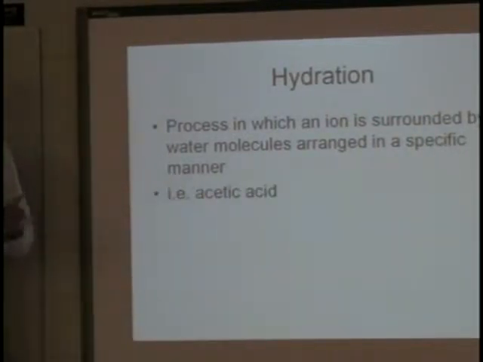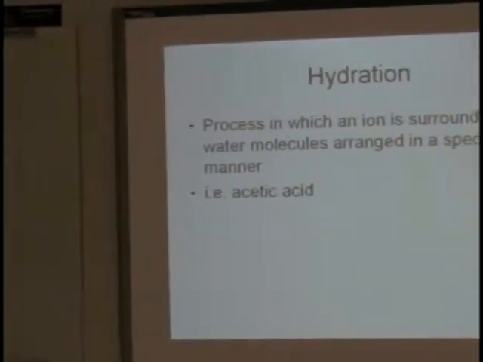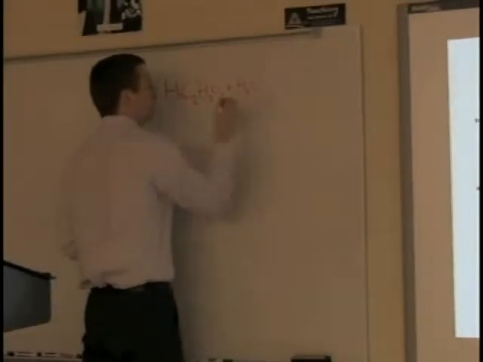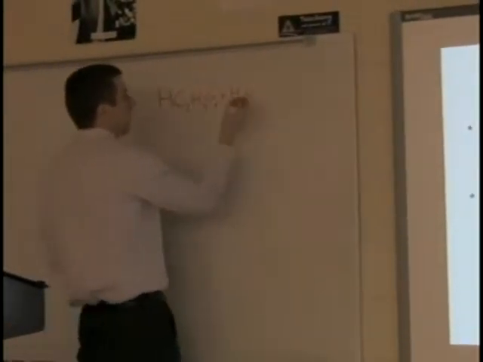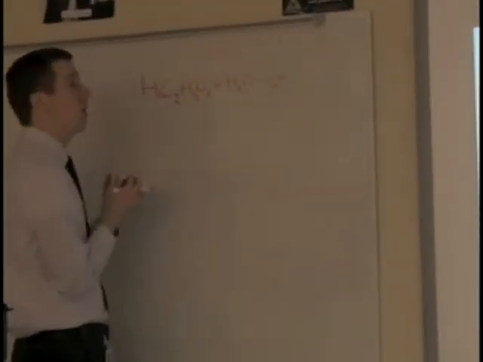Now, we could give you a general example of acetic acid. First off, acetic acid is HC2H3O2. If you add that into water, the acetate ion, the C2H3O2, is going to be surrounded by water molecules.